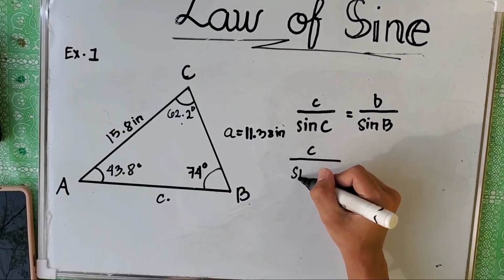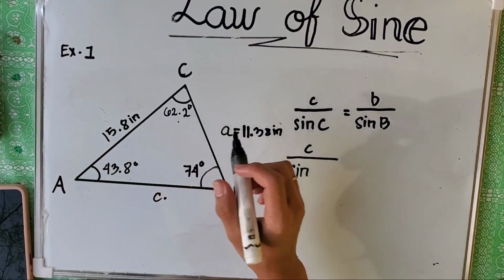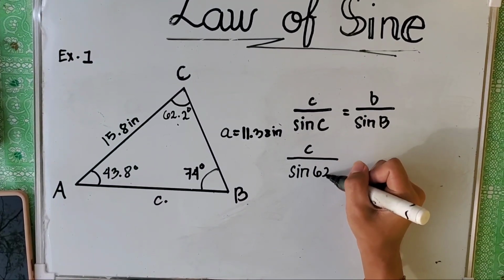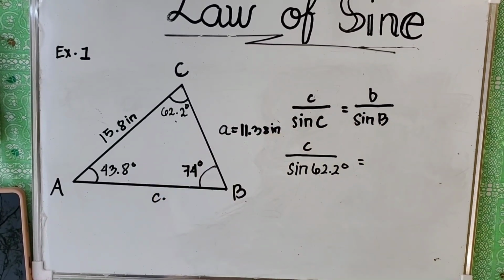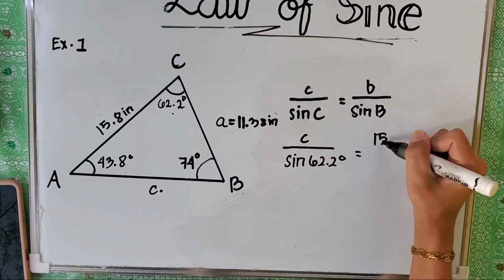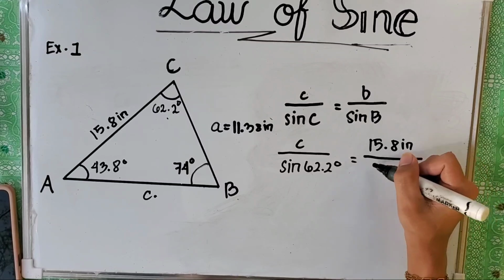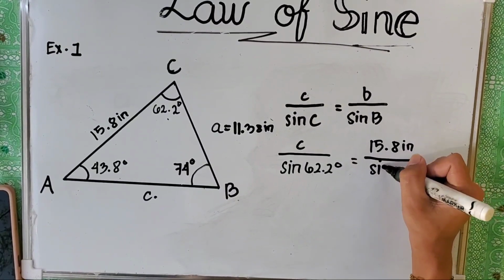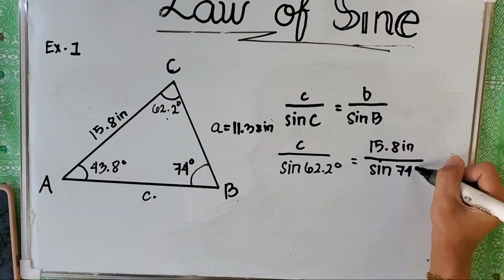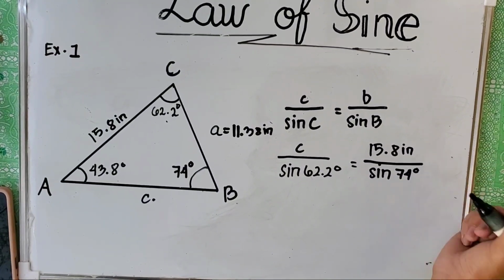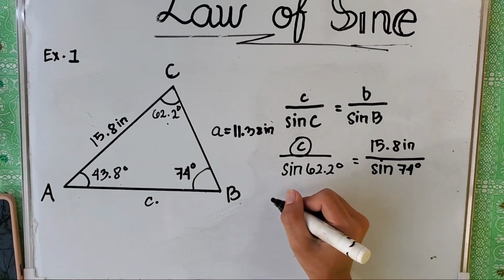Next is to substitute the given values from this triangle to here. C is unknown, so next is sine C, which has a value of 62.2 degrees, is equal to side B, which is 15.8 inches, all over the sine value of angle B, which is 74 degrees. To find the value of C, we have to cross multiply.